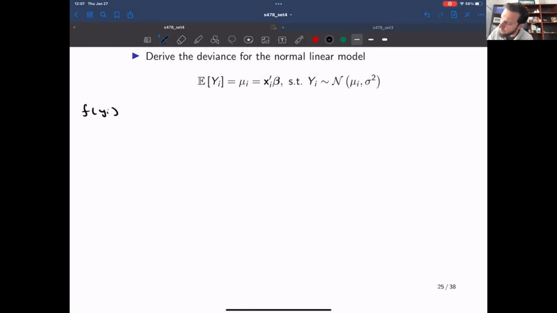So f of yi is going to be 1 over the square root 2 pi sigma squared, multiplied by exp negative 1 over 2 sigma squared, yi minus mu i squared.